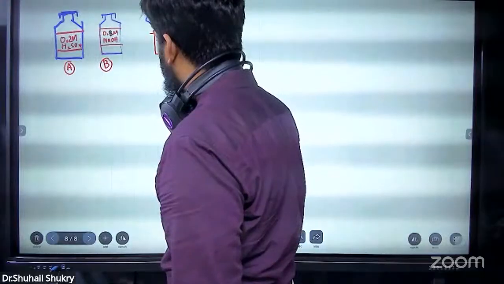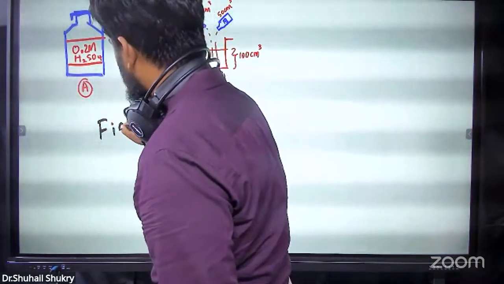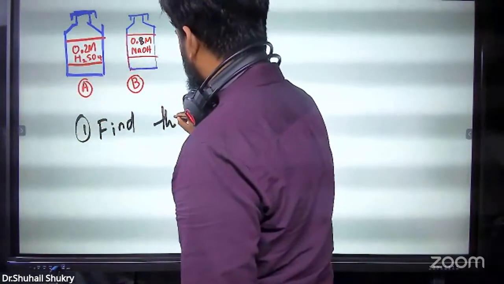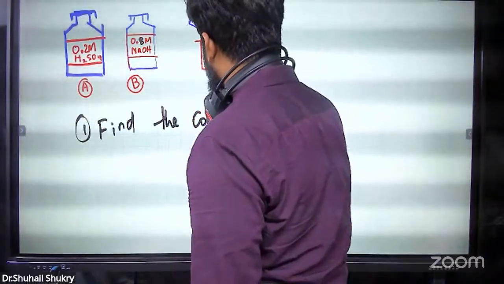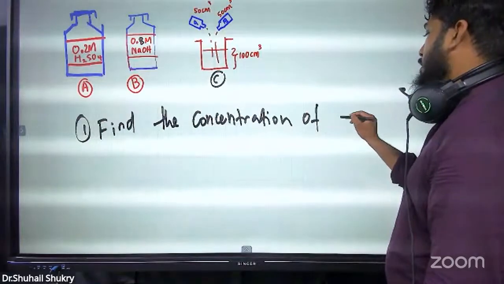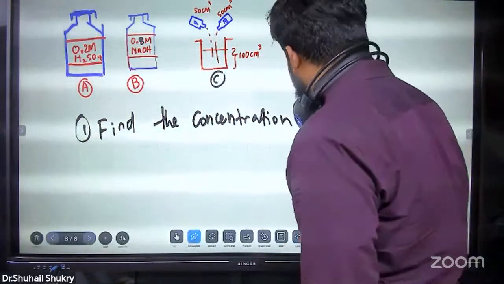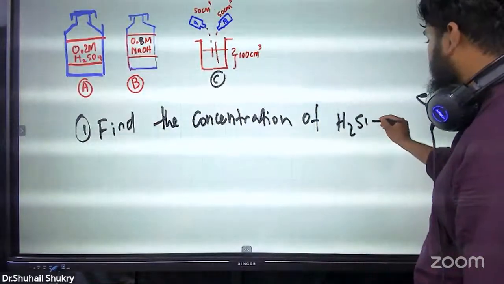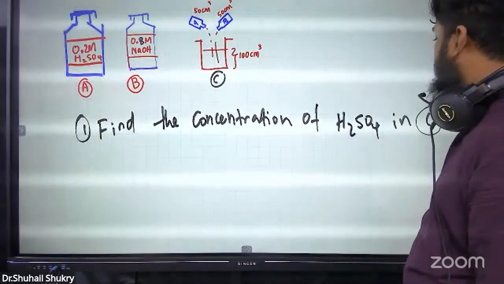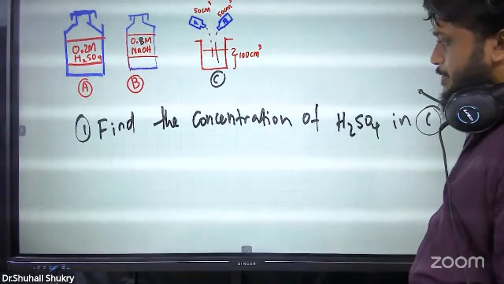Find the concentration of H2SO4 in C. If I ask like this, how will you do this?